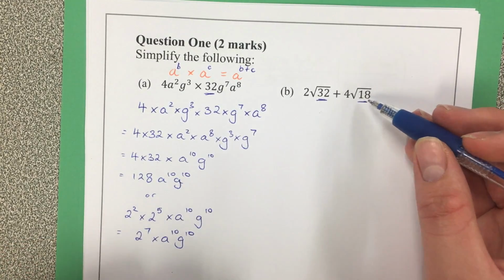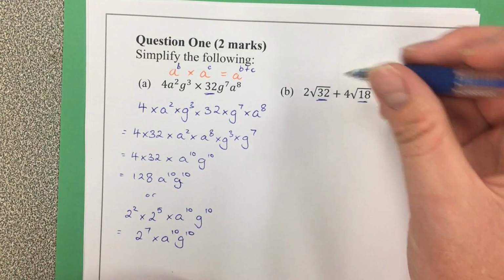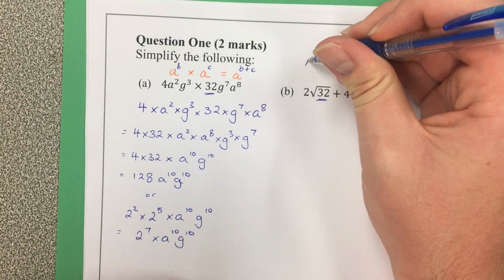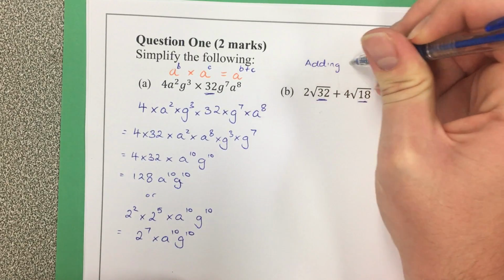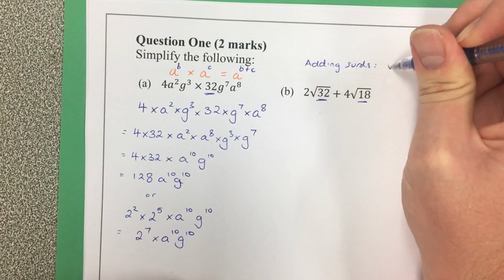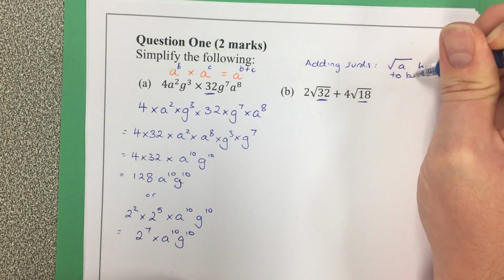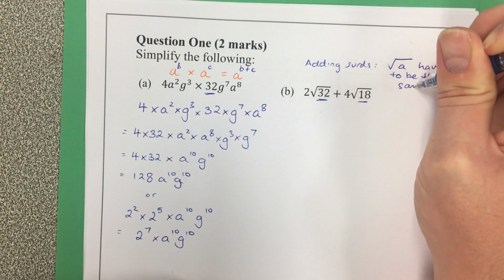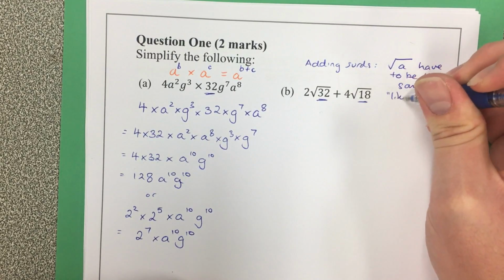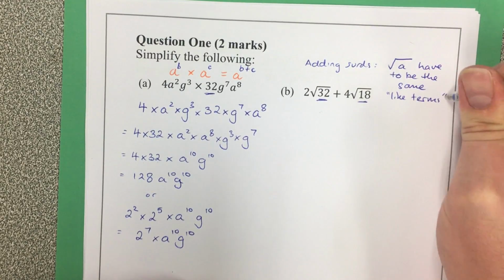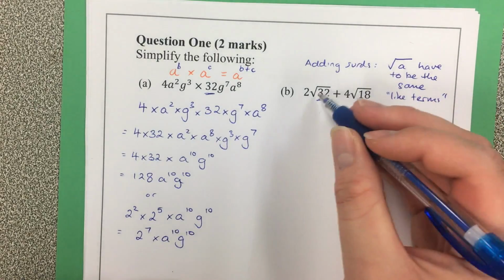With this question on the right, what you needed to do when you're adding surds, the square roots have to be the same. They have to be like terms. So what we do is break this up.